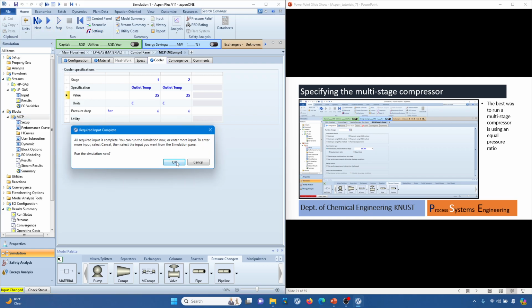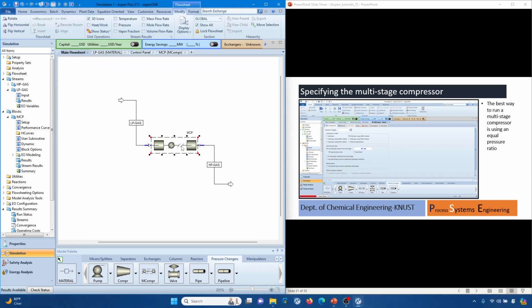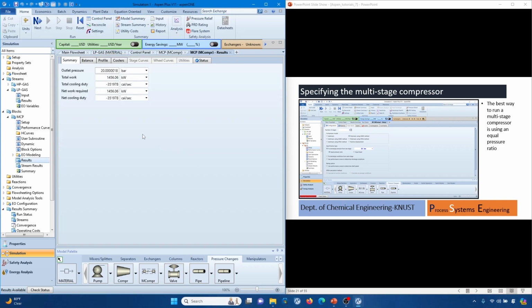Then we can run a simulation. Once we do that, we see that the total work has dropped from 2.2 megawatts to 1.4 megawatts. And this is the best configuration in which you can run it.